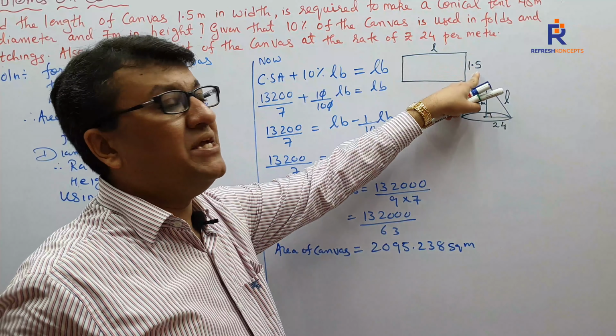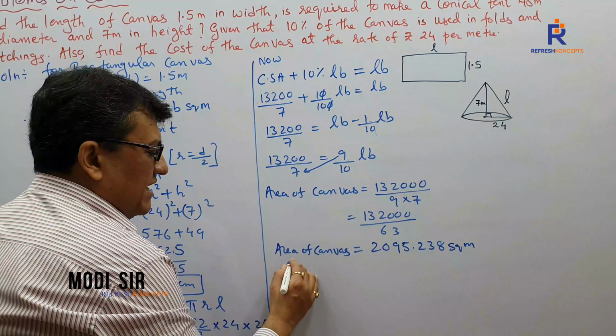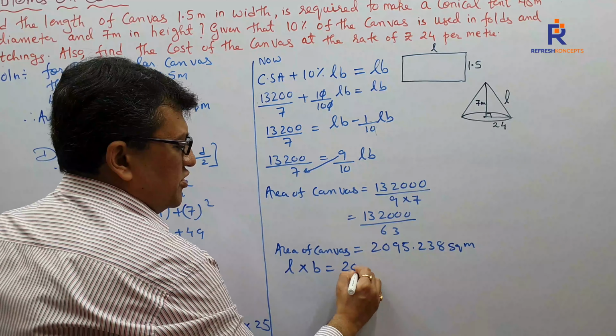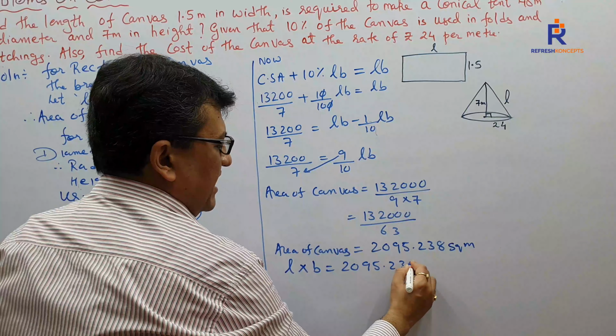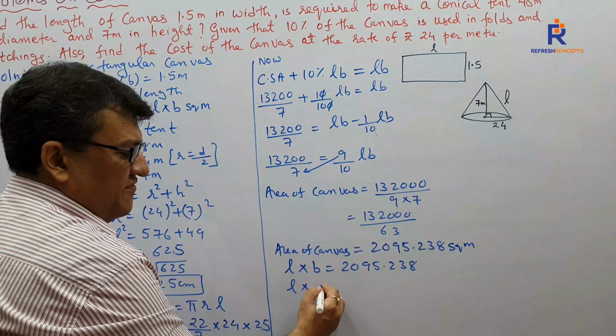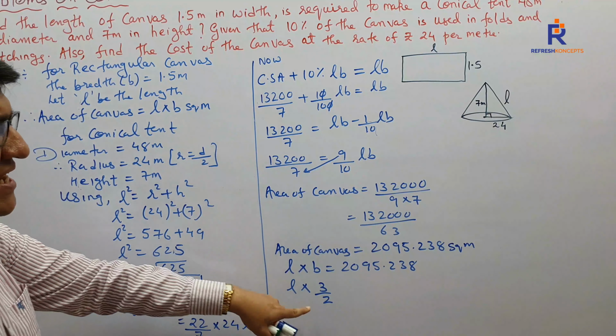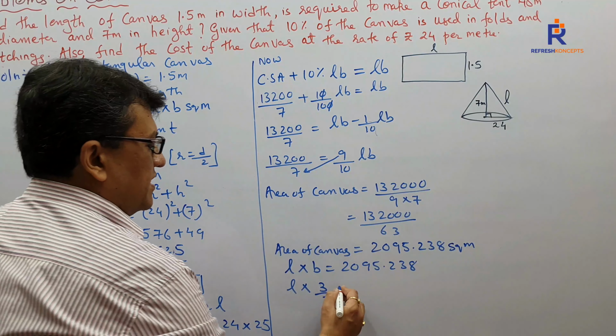Now what according to you the area is? L into B. B known to us as 1.5. So what is L? L into B is 2095.238. B is 1.5, which I'm writing as 3 by 2.